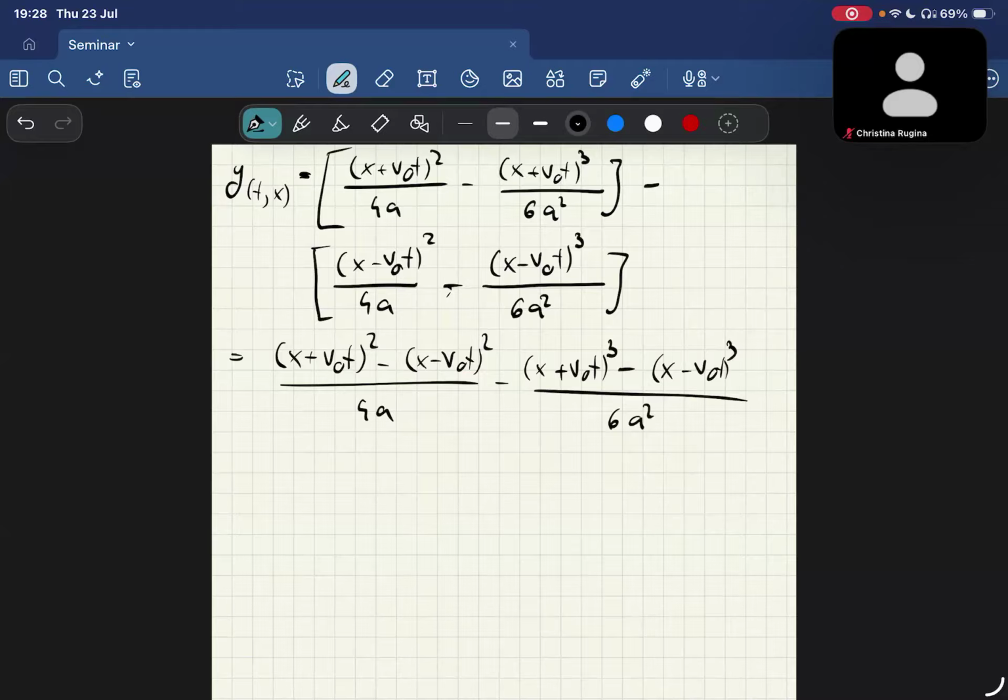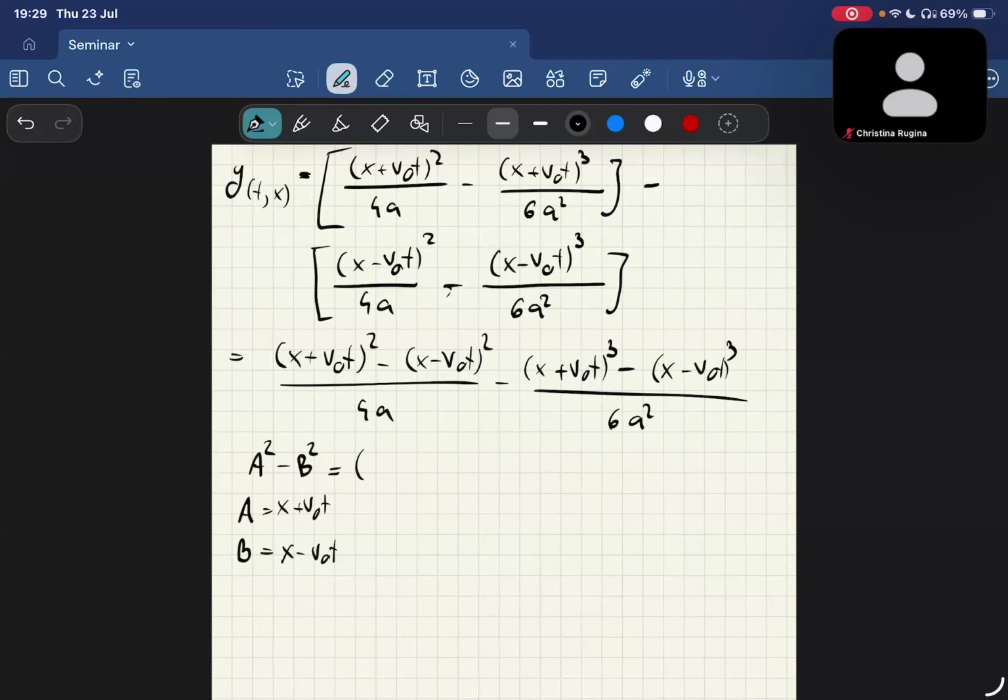Okay. And now we use the relations for a squared minus b squared, where in this case a is x plus v0t and b is equal to x minus v0t.